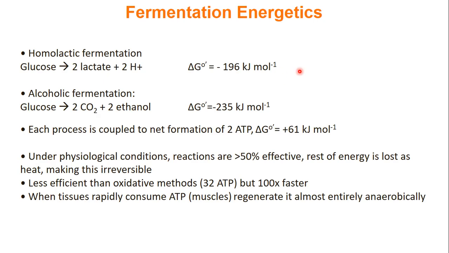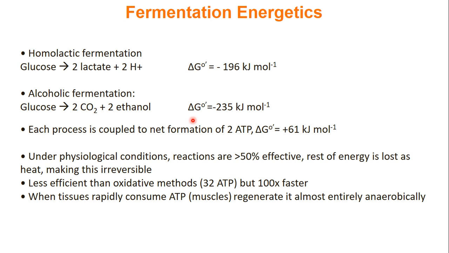All right, so let's look at the energy of these different fermentations. To make lactic acid, delta G is -196. Alcoholic fermentation is a little bit better, -235. Each of these processes, you can make roughly 2 ATP, because to make 1 ATP, delta G is usually like 61 kilojoules per mole.